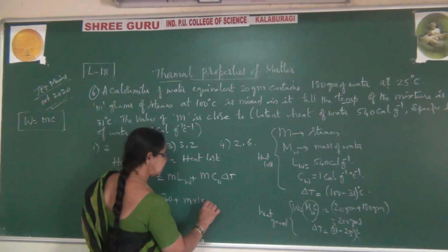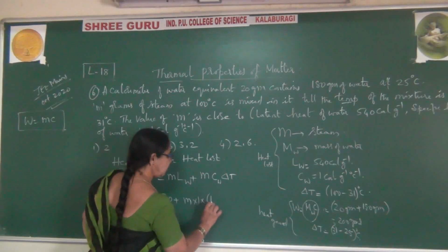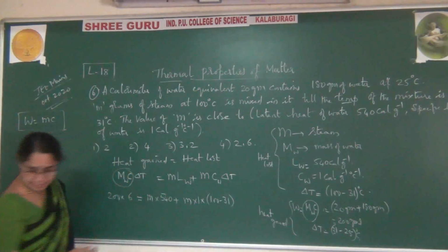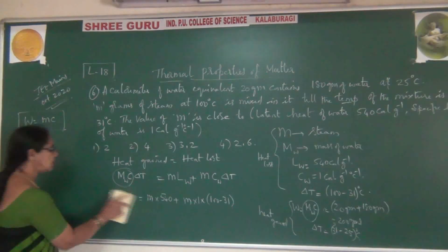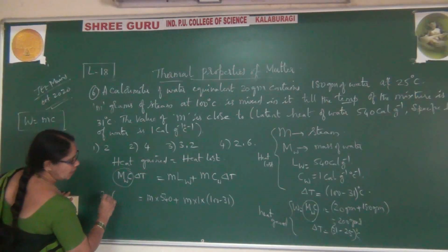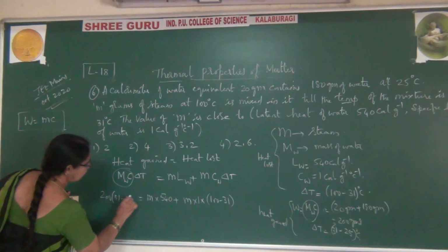First I will write 100 minus 31 degree, then you will understand better. This will be 200 into 31 minus 25 like this.